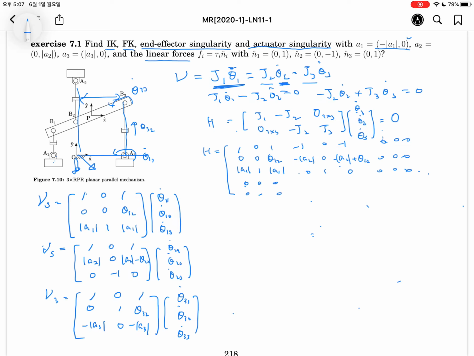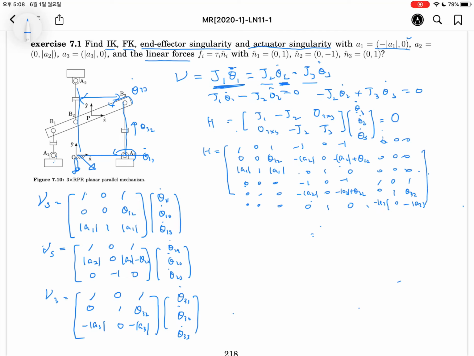Okay, one more 3 by 3 zeros, and minus J2, the same one: minus 1, minus A2, 0, 0, 0, 1, minus 1, minus A2 plus theta 22. Okay, and 0. This last part will be J3. So 1, 0, minus A3, 0, 1, 0, 1, theta 32, minus A3.